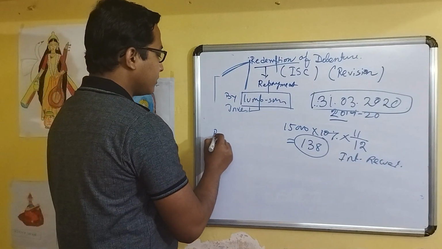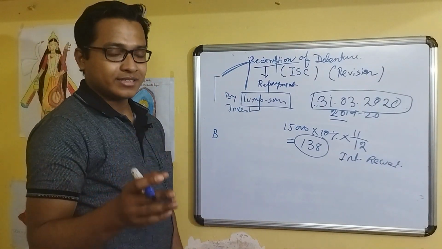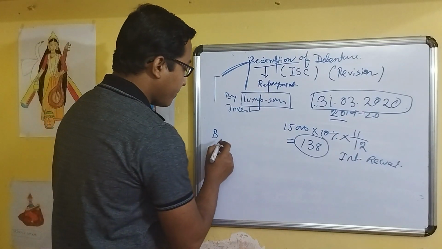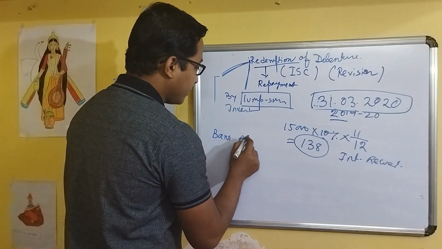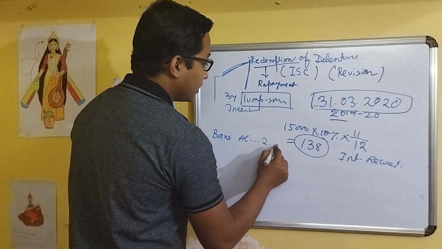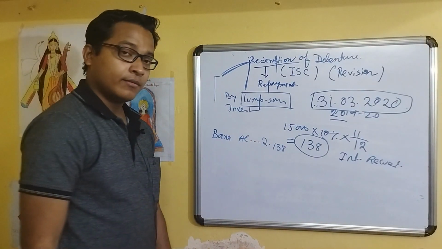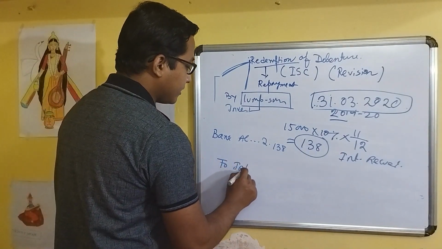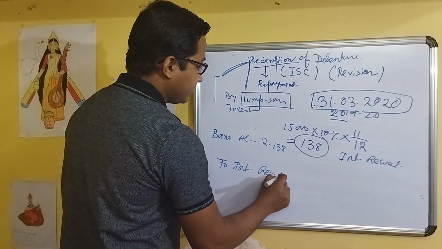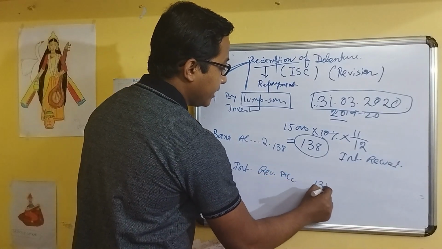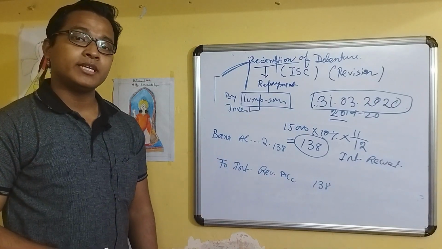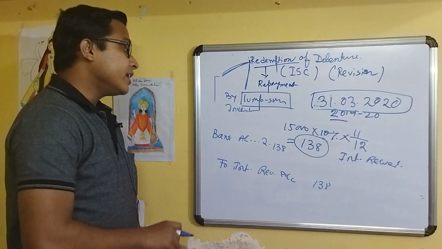Bank account, as all the receipts of a company are passed through bank. So bank account debit 138, to interest received account 138.